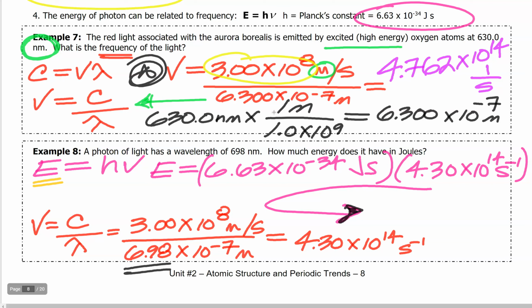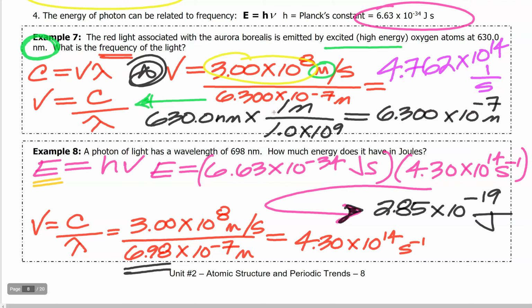And then I ended up getting 2.8509 times 10 to the negative 19th. So probably going to go with 2.85 times 10 to the negative 19th, and then that is going to be joules.